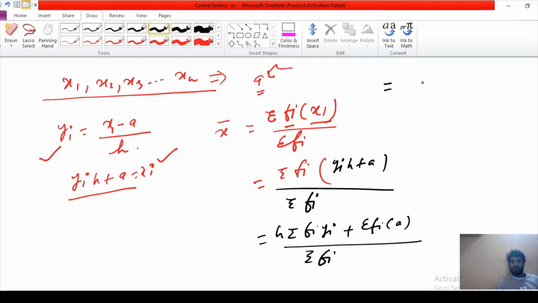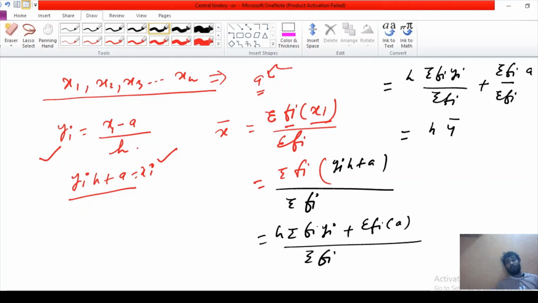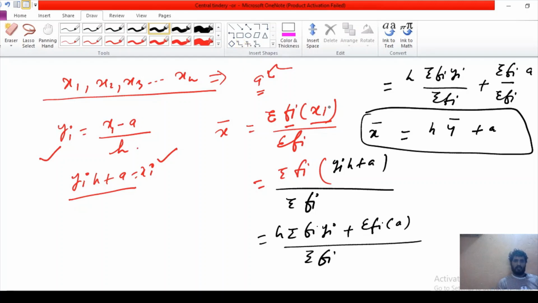Split the numerator into two parts: the first is h times the sum of fi yi divided by the sum of fi, plus the sum of fi a over the sum of fi, which is a constant. So this is h times y bar plus a, and this is x bar, x bar in terms of y bar, right?